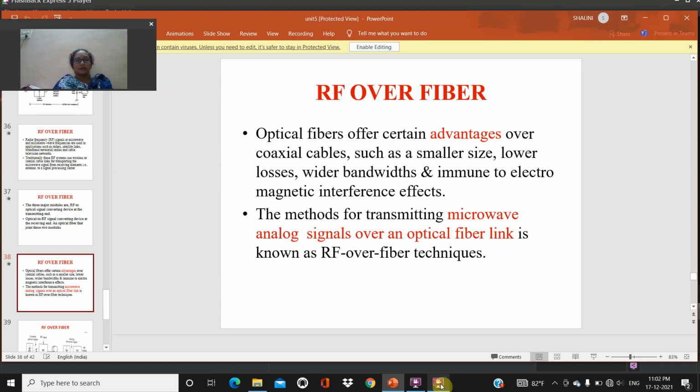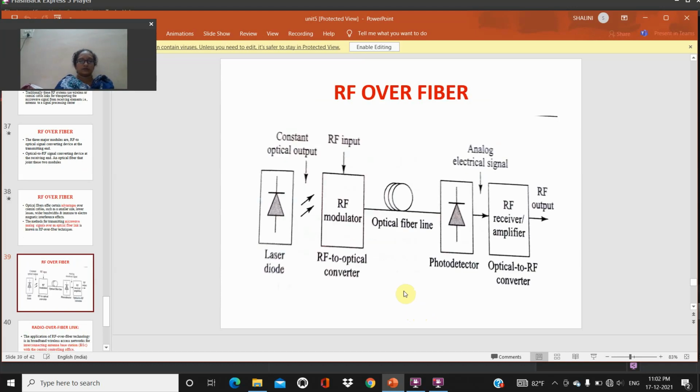Optical fibers offer certain advantages over coaxial cables, such as smaller size, lower losses, wider bandwidths, and immunity to electromagnetic interference effects. The methods for transmitting microwave analog signals over an optical fiber link are known as RF over fiber techniques.